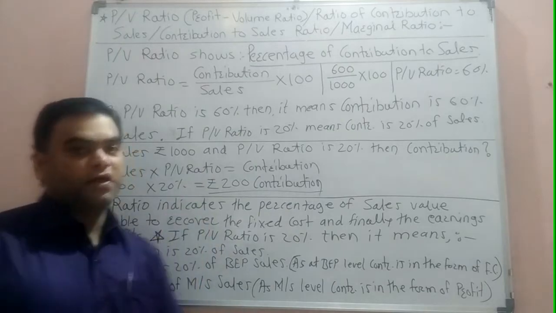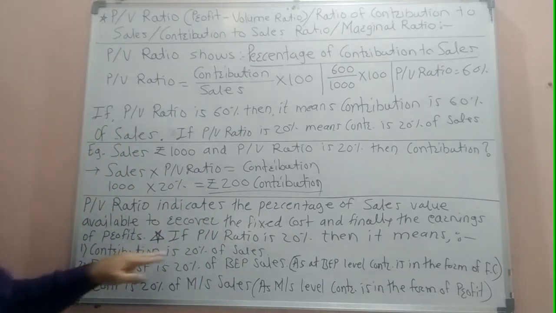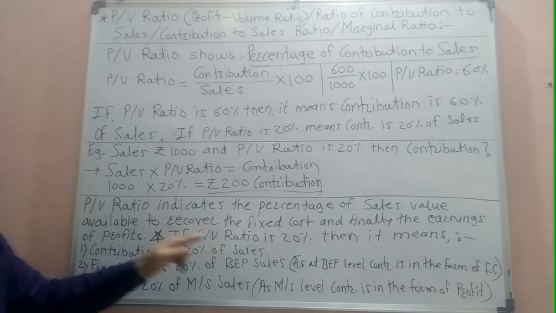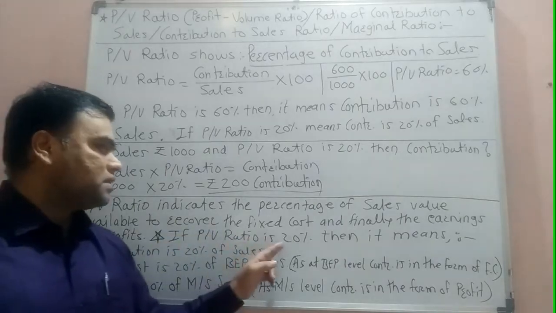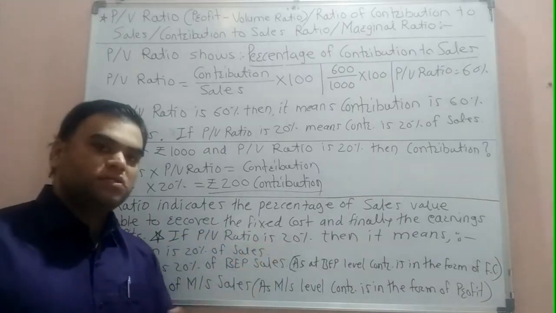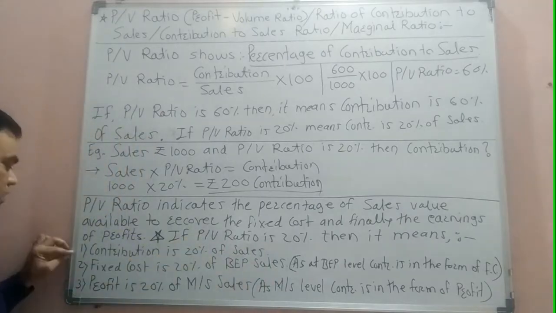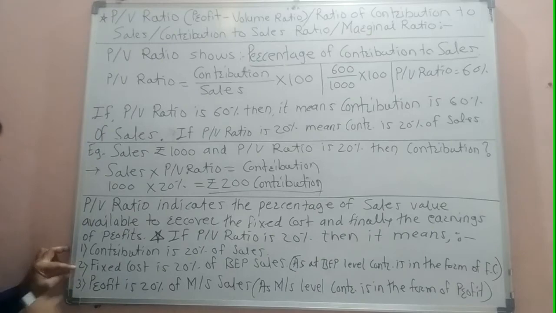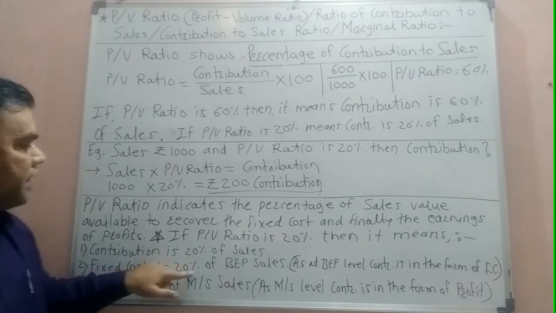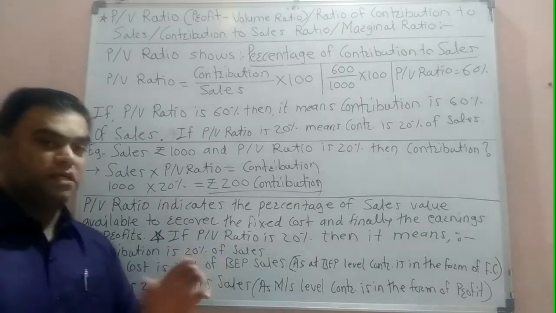How? Now we are going to discuss. Contribution is 20% of sales. If PV ratio, meaning contribution to sales ratio, is 20%, then contribution is 20% of sales. It is okay. But what about the second? Fixed cost is 20% of BEP sales. Why?